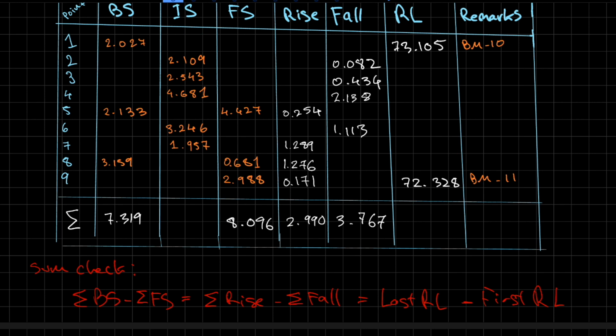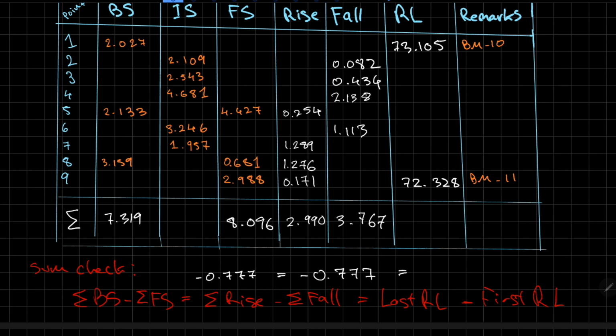Now let's calculate if we have got the sum check right. 7.319 minus 8.096 is equal to negative 0.777. So this must equal the sum of rise minus the sum of fall. Let's do the calculation. 2.990 minus 3.767 is equal to negative 0.777.